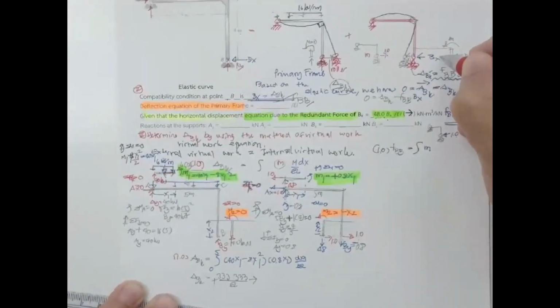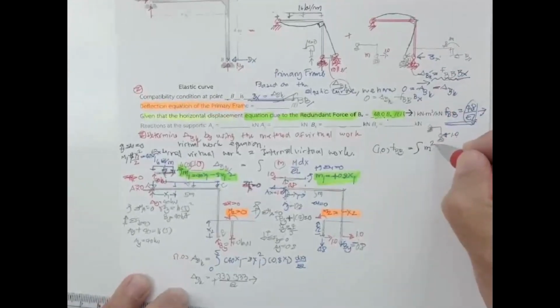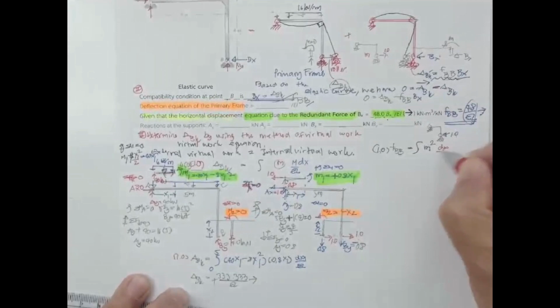And then for this one, this is B sub X, right? B sub X causes capital M. However, the B sub X is only one unit. So this one will provide m also. And this is going to be dx over EI.